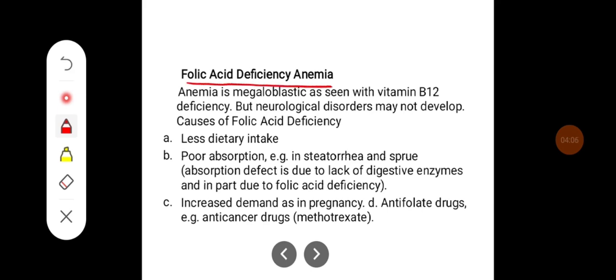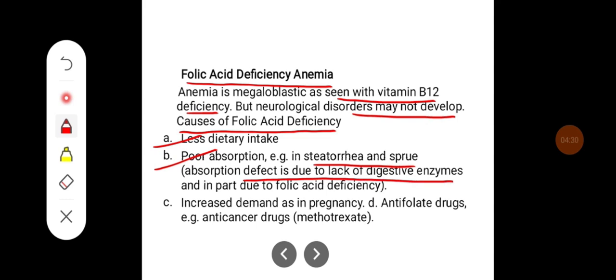Folic acid deficiency anemia. Anemia is megaloblastic as it is seen with vitamin B12 deficiency, but neurological disorders may not develop. Some of the causes for folic acid deficiency are less dietary intake of folic acid and poor absorption, that is steatorrhea and sprue, where the absorption defect is due to the lack of digestive enzymes and in part due to the folic acid deficiency.